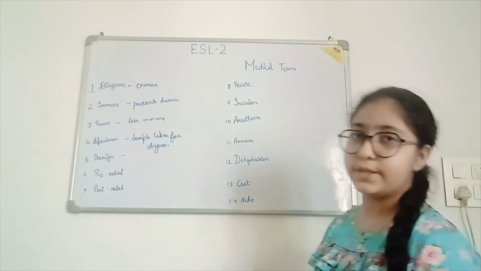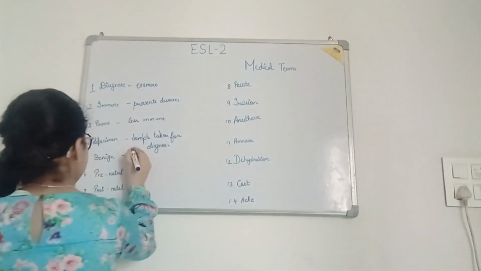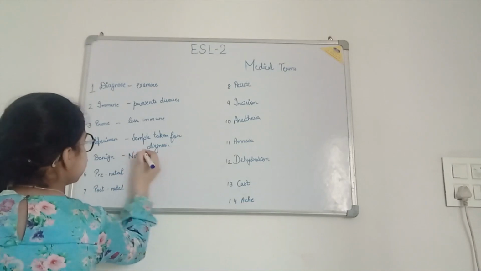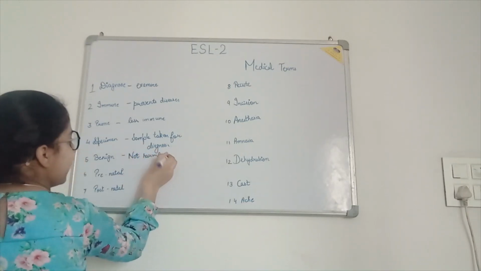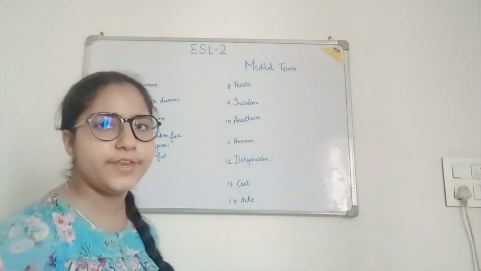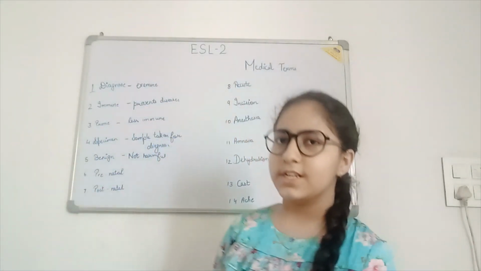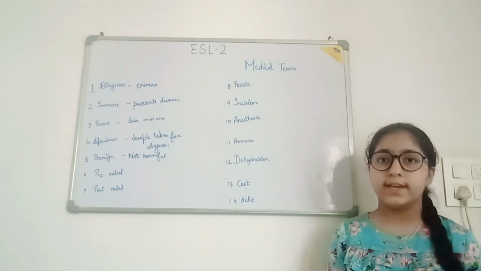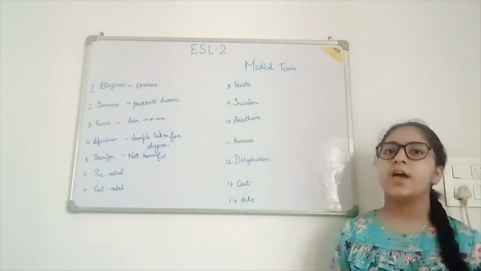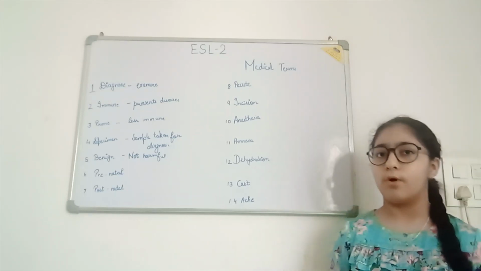Okay, let's move on to number five, which is benign. Benign is something not harmful, a disease which is not harmful. I was having a talk with my friend and he told me that he was suffering from dryness in eyes. So I was like, oh my gosh.